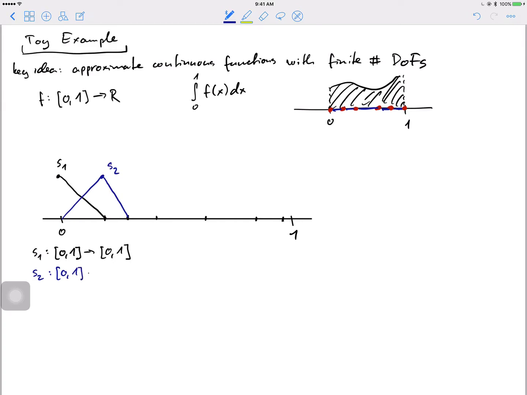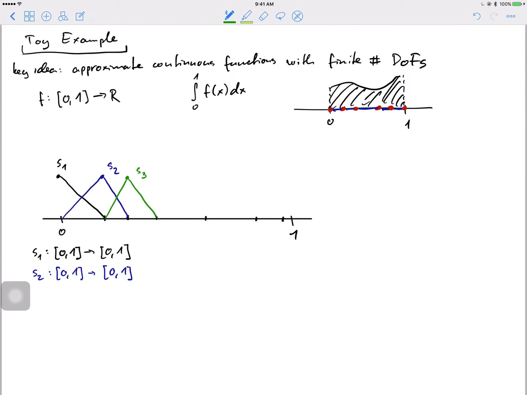Goes from the entire interval to 0, 1. You probably get the idea. I'll just draw one more. Here will be, oh wait, wrong. That was supposed to be here. This guy here is going to be S3, okay? So this is kind of like a radial basis function almost.